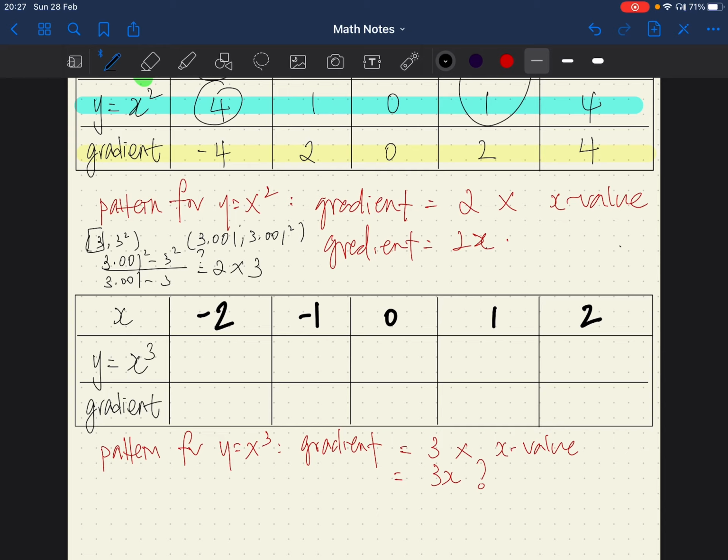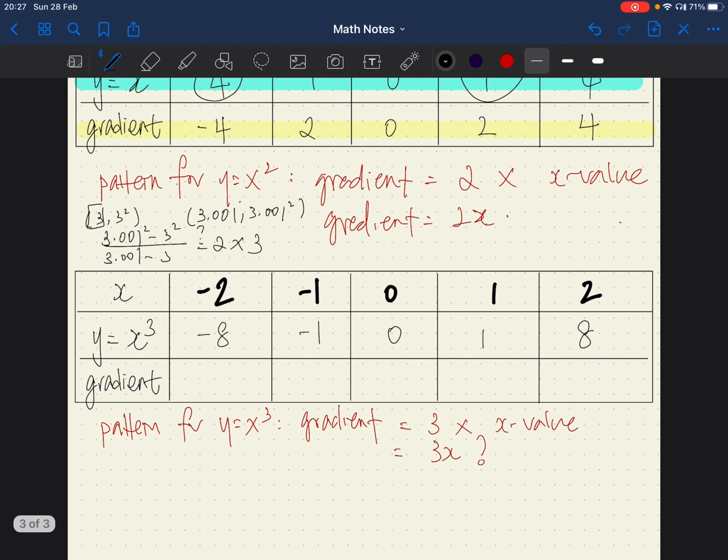So same thing, I'm choosing -2, -1, 0, 1, 2. So you get -8, -1, 0, 1, 8. Okay, and go and fill up the gradient row. So if I want to show you again, so let's say I choose -1, then we are comparing -1, -1 versus -0.999, comma -0.999 cubed.